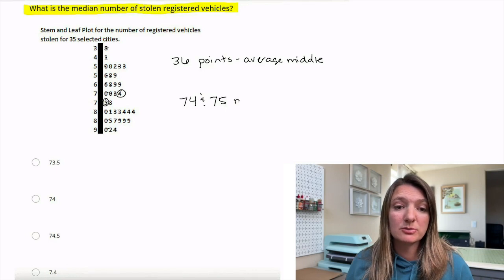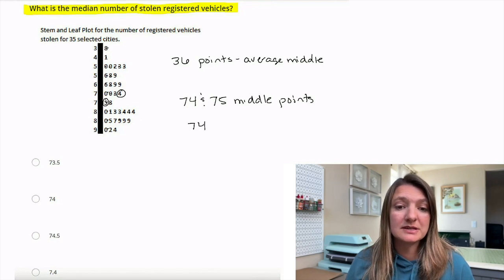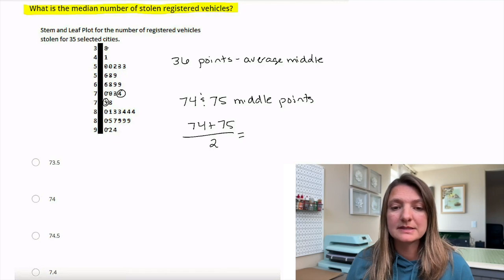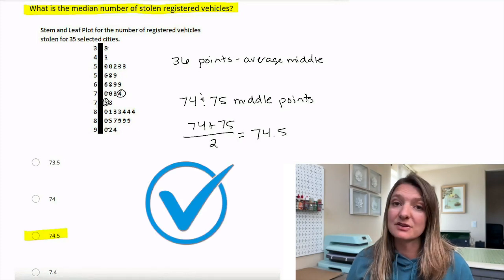So what that average is going to be is 74 plus 75 divided by 2, which will leave us with that median of 74.5. So if we go back to our answers, that is going to be letter C, 74.5.